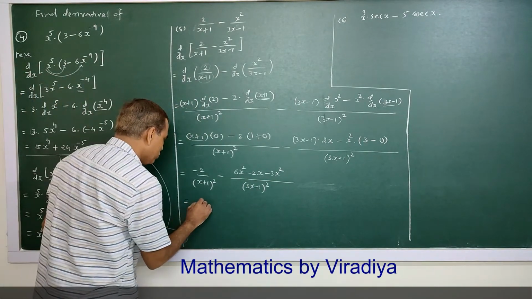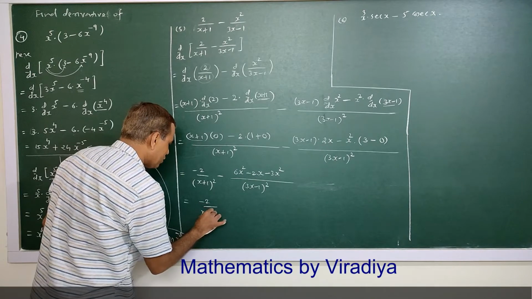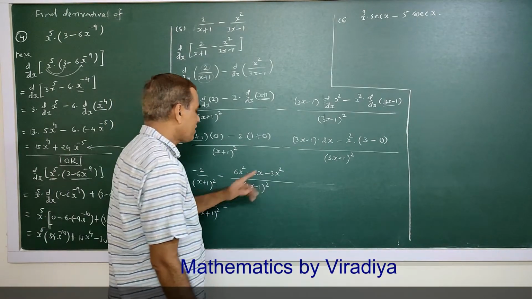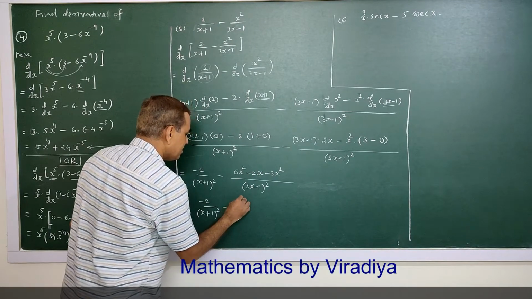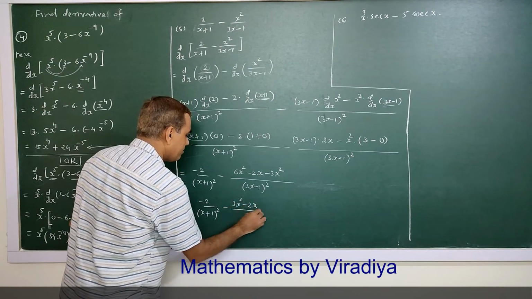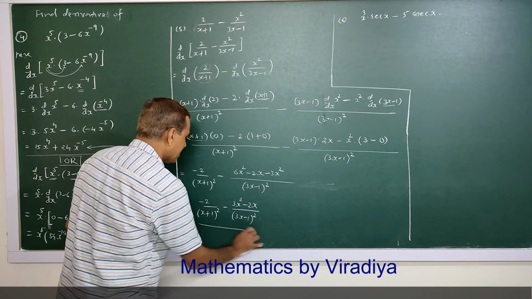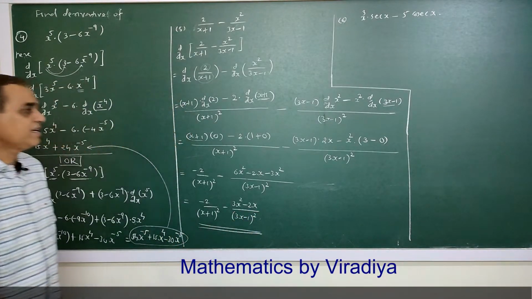So minus 2 upon x plus 1 whole square minus 6x square minus 3x square is 3x square minus 2x upon 3x minus 1 whole square. So this is the required derivative.